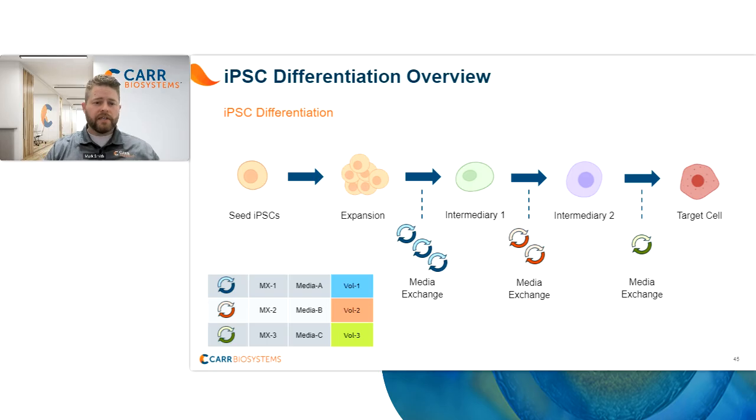In this particular case, the end user was looking to differentiate their iPSCs and utilizing media exchanges to bring in and out critical cytokines to get the differentiation they wanted.